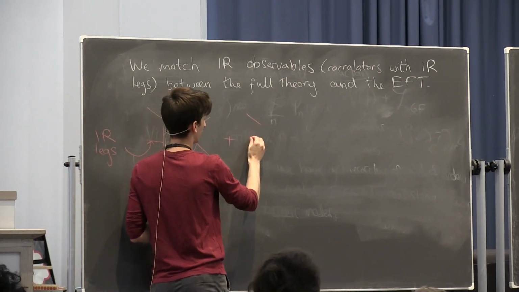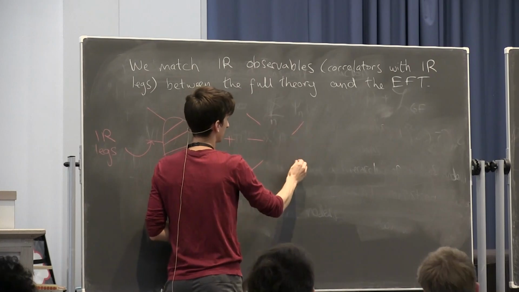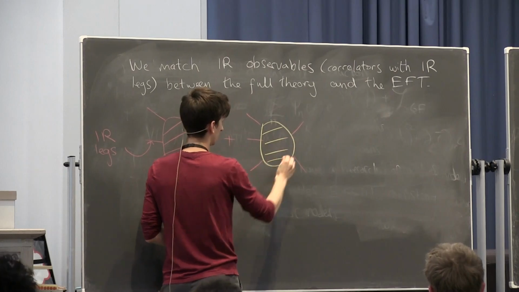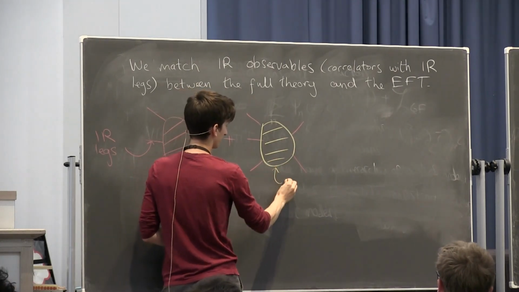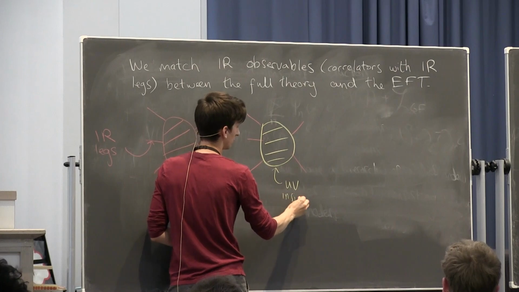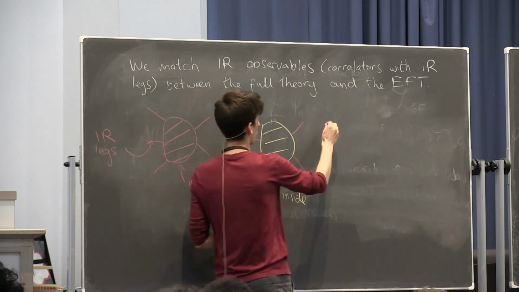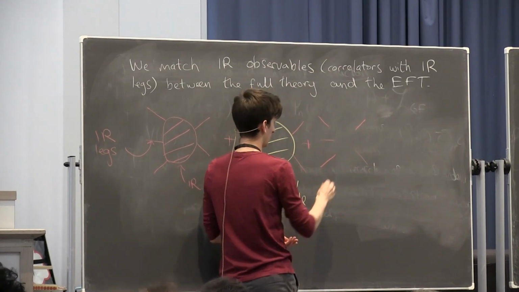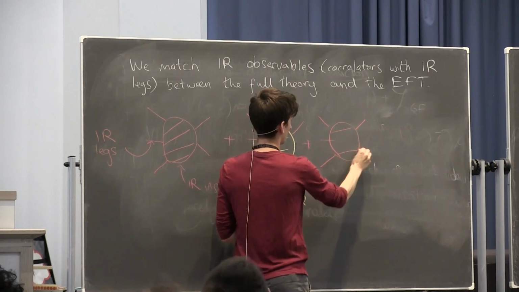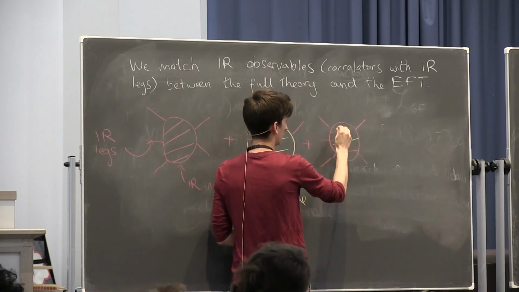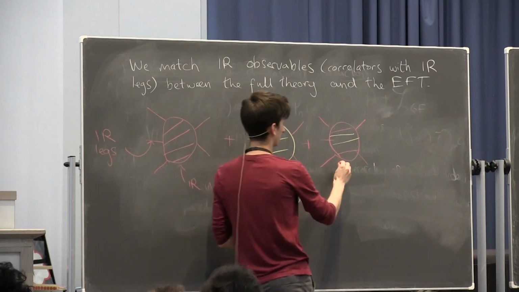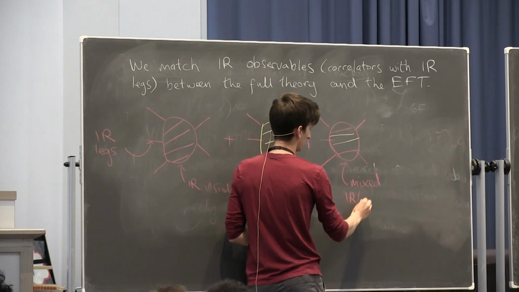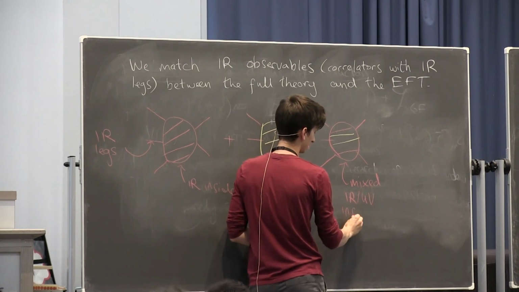But I can also have IR legs with UV inside, or the same observable with mixed IR and UV inside.